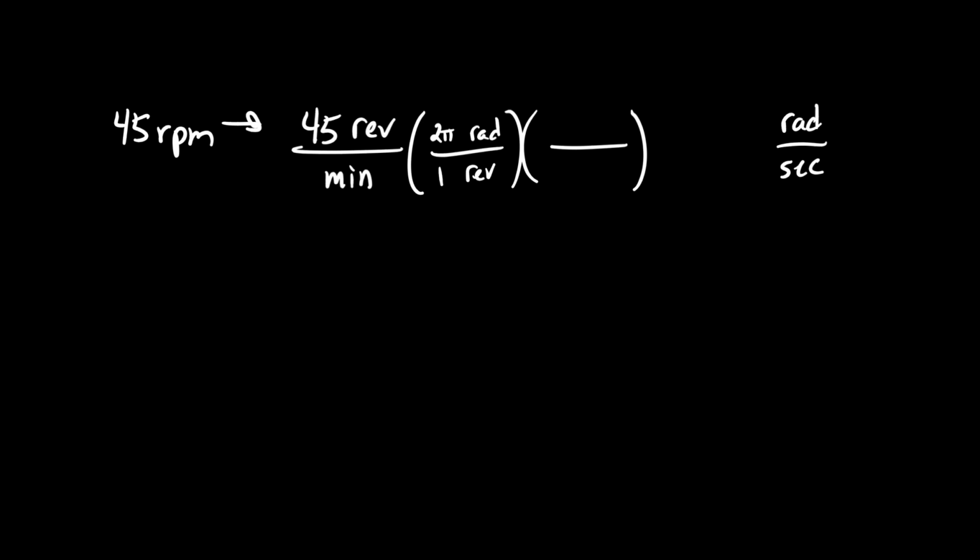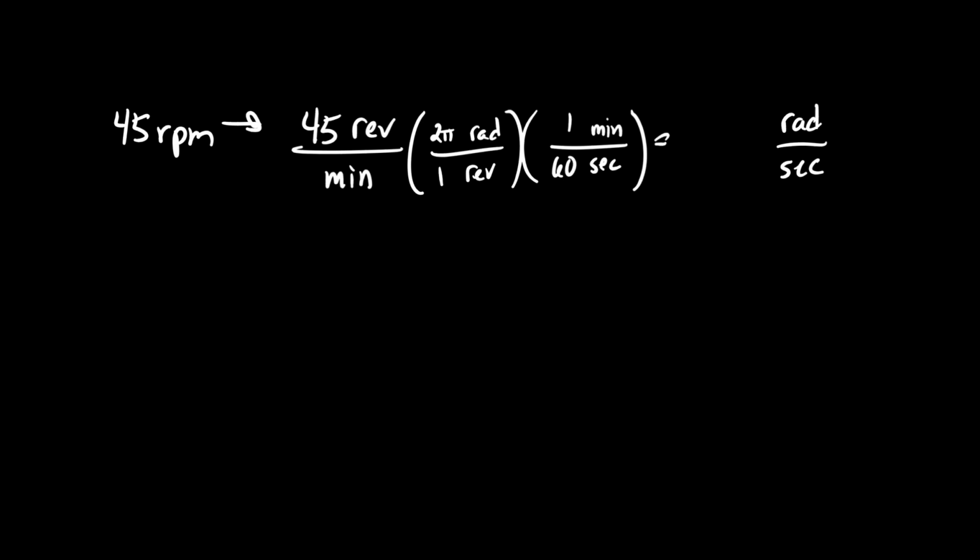All right, the next one, I want to go from minutes to seconds. Minutes is in the denominator, so I'm going to put minutes in the numerator so that they cancel out. And by extension, I have to put seconds in the denominator. What's my conversion fact? 1 minute, 60 seconds. There you go.